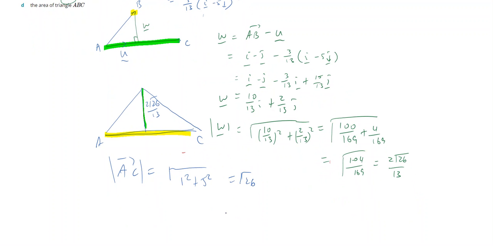So the area of the triangle will be half times base times height. Okay, we can do the cancelling. The 2's cancel, and you're left with root 26 times base times height.